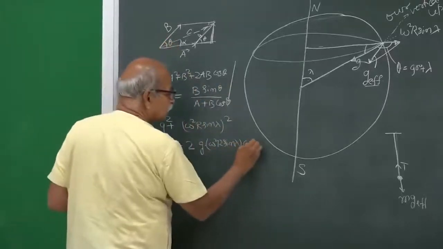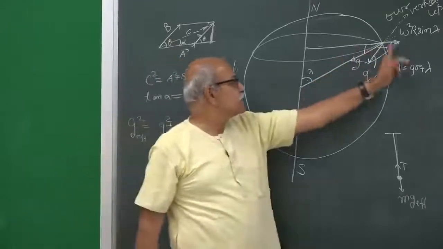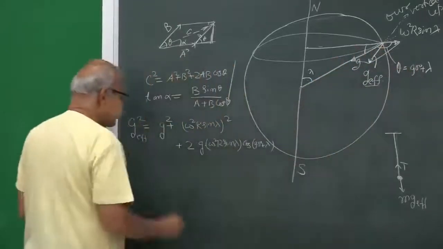So, cos of 90 degrees plus lambda, the angle between the two vectors is 90 degrees plus lambda.